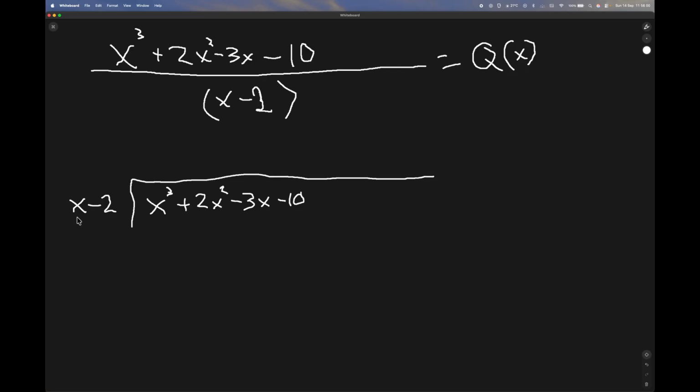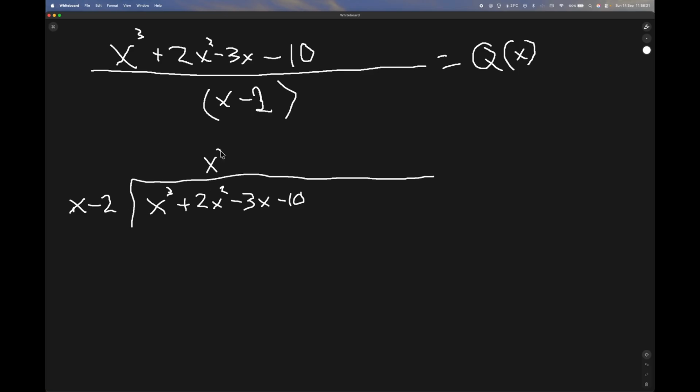So, when we do our polynomial long division, we're going to say x to the 3 times what will give us x. X times what will give us x to the 3. Now, x squared times x will give us x to the 3.